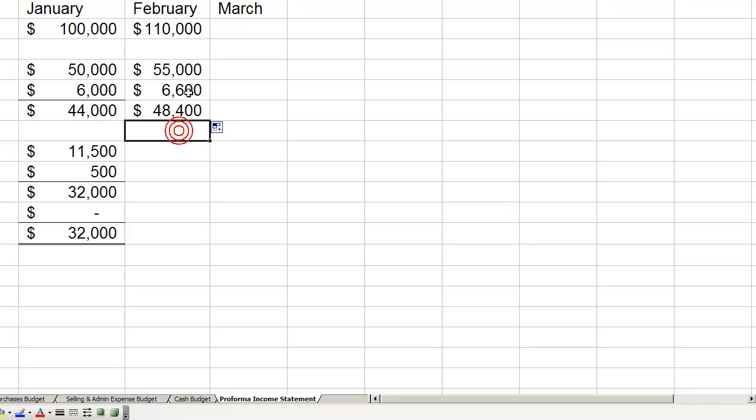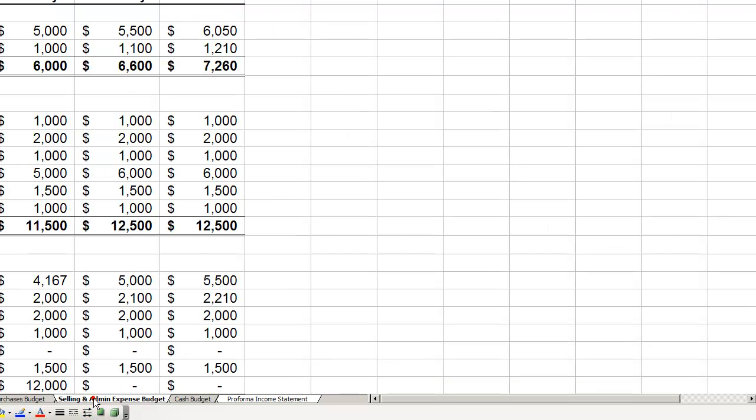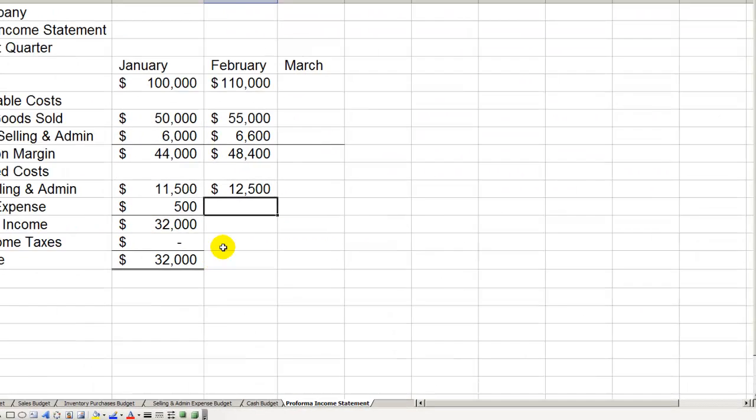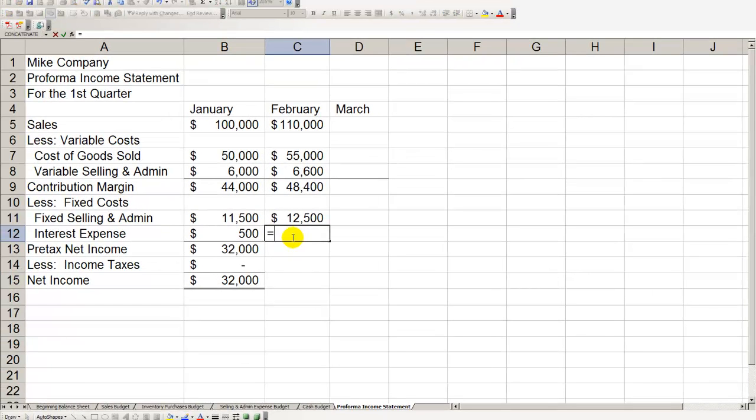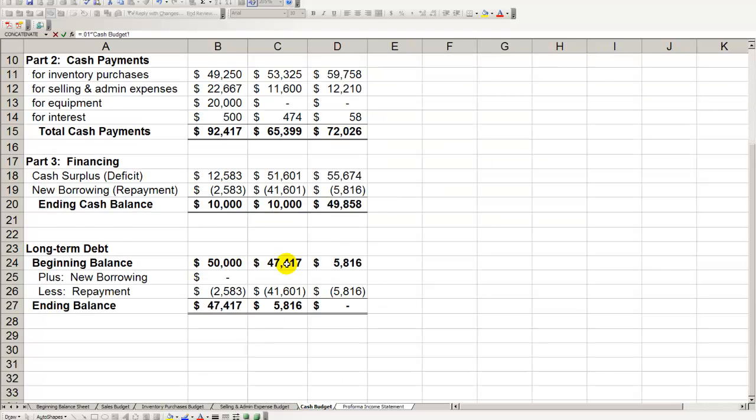The totals are the same. Fixed selling and administrative expenses are on your selling and administrative expense budget for February. Your interest expense is equal to 0.01 times the beginning balance of long-term debt on your cash budget.